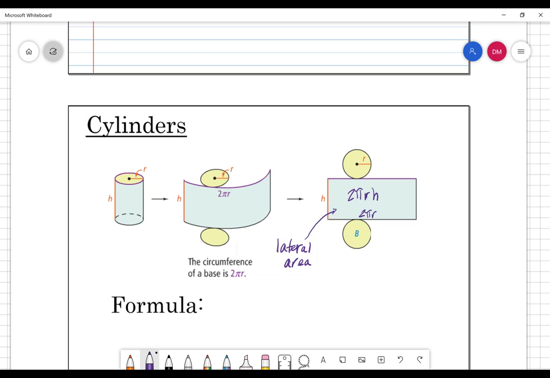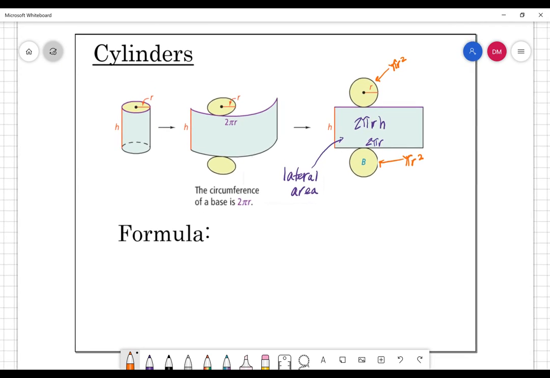Now, if we are finding the full surface area, we then have to add on the area of each base, which is pretty easy for a cylinder. That's just pi r squared. And since we have two of those, we can take pi r squared, multiply it by 2, and add that to our lateral area. So let's break this down for our formula here.